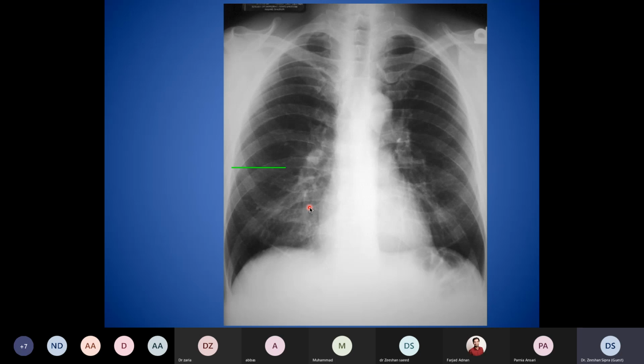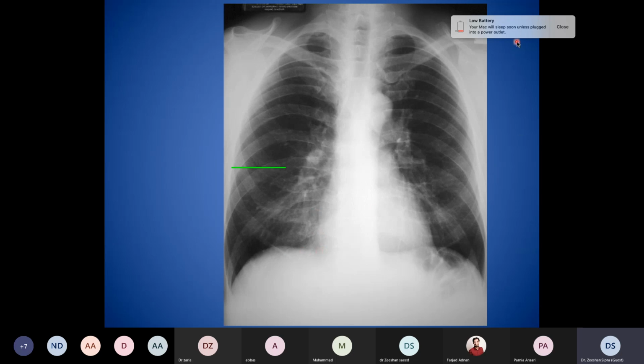For example, the lung is air containing, which is quite less dense, and the heart is a muscular organ that is quite dense compared to the lung. So whenever there is an interface between two such tissues of different densities, we can appreciate silhouette formation. And silhouettes are very important.